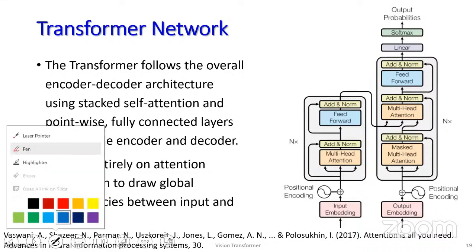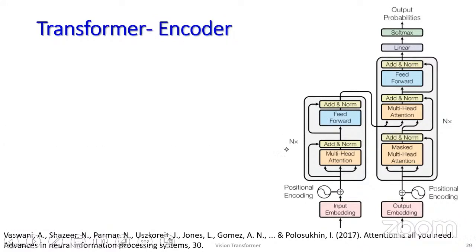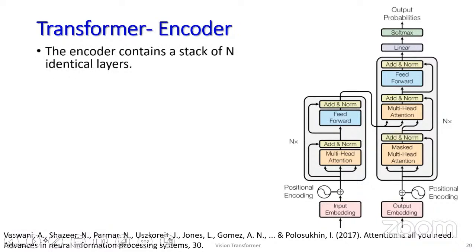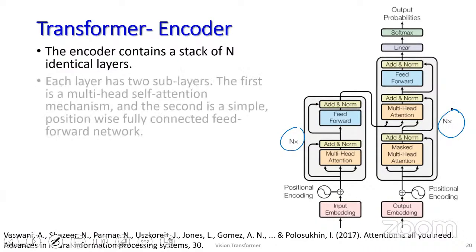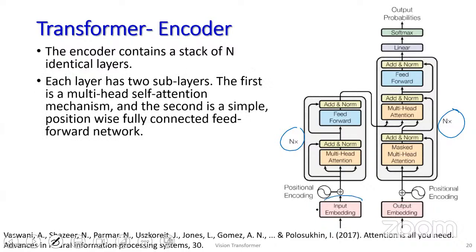You can see n such layers can be there, n layers here and n layers here. So this is the encoder and decoder architecture. So input embedding and output embedding.